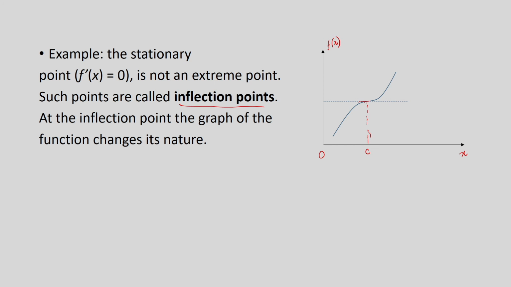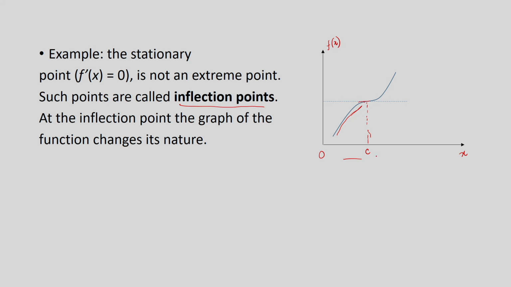Now, the interesting thing about inflection points is that at the inflection point, the graph of the function changes its nature. Here you can see that before c is reached, that is to the left of c, the function was like this. It is a kind of dome shape. It is rising, but it is sort of tapering off as it is going up.